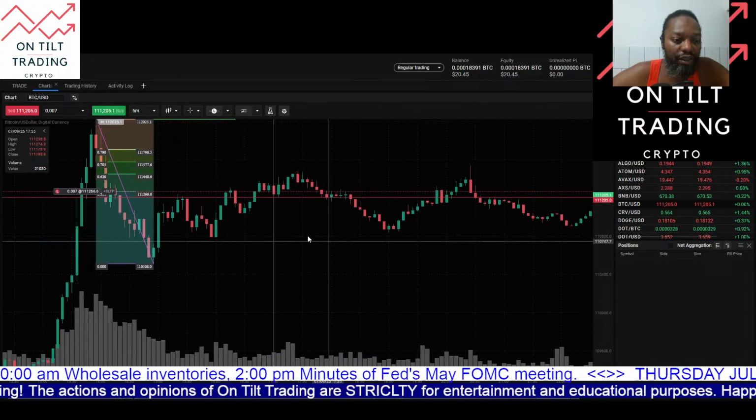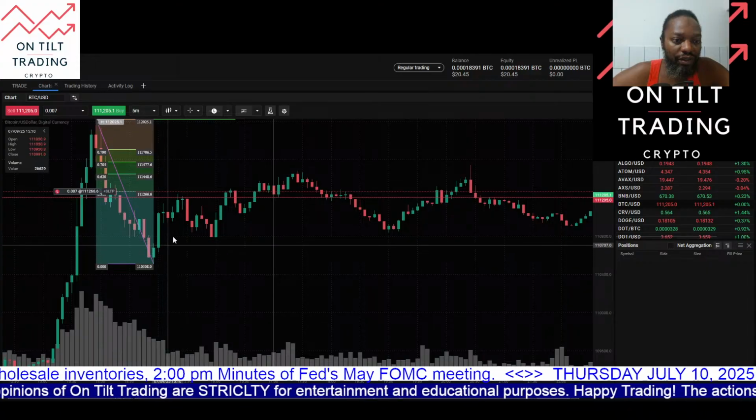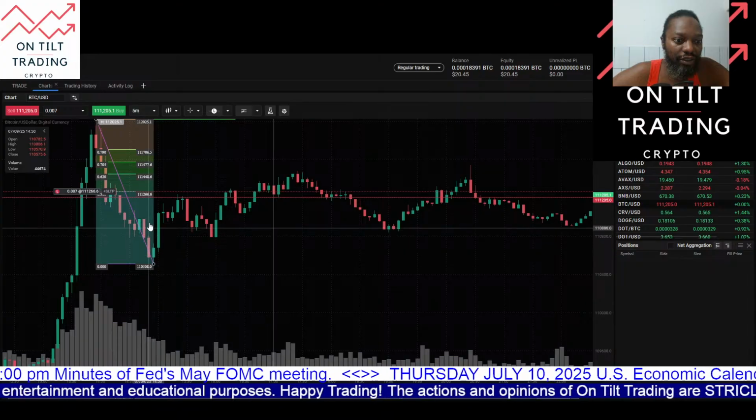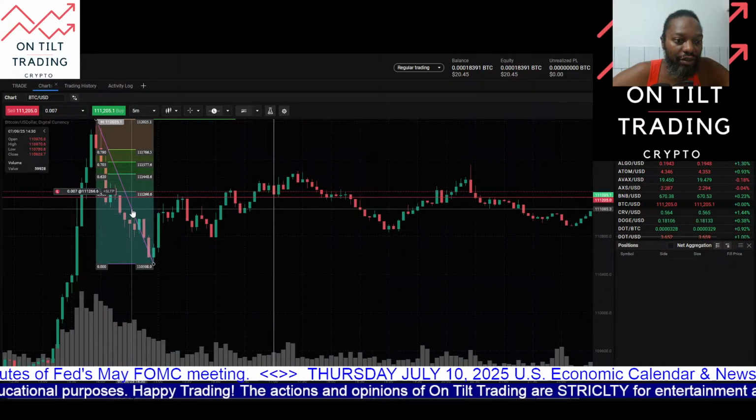And you can see since the market structure shift that price action has shifted back to the long side here.